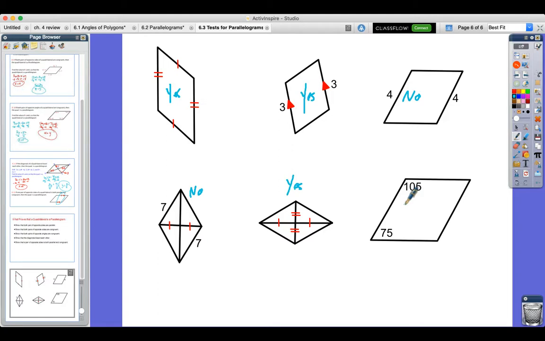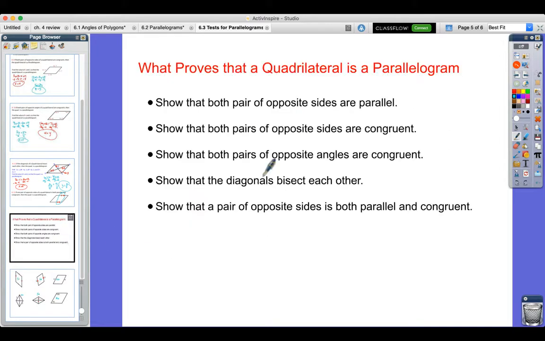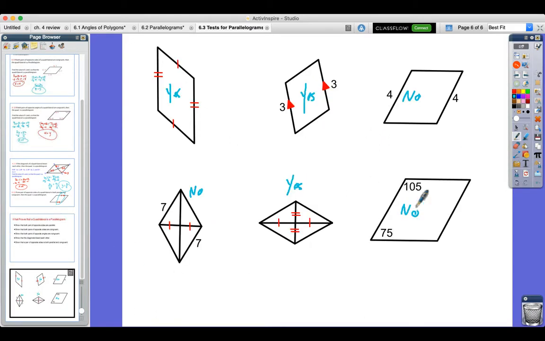On this last one, is this a parallelogram? We're going to say no. The reason being because one of the options are these consecutive interior angles, though. It has to be, again, as I said before, we have to show opposite angles are congruent, opposite sides are congruent. We don't know if anything's parallel here, so that's a no.